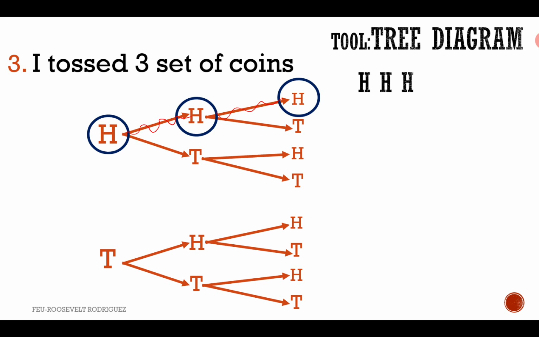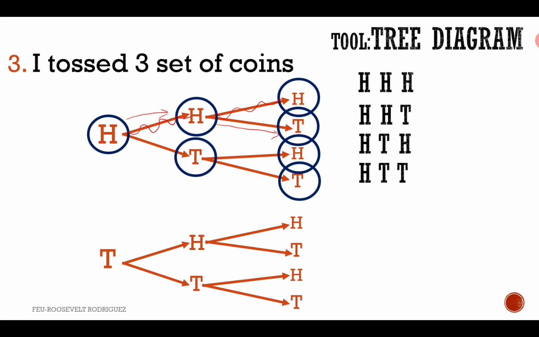Okay? So let's proceed. So we have this another head, tapos pupunta naman tayo sa second set of letter niya, which is tail. Okay? And then from head, we have tail and another head. And then yung last natin sa first outcome natin is head, tail, and another tail. And then just list down all of the combinations na meron tayo. Okay, so we have this first four set of outcomes.